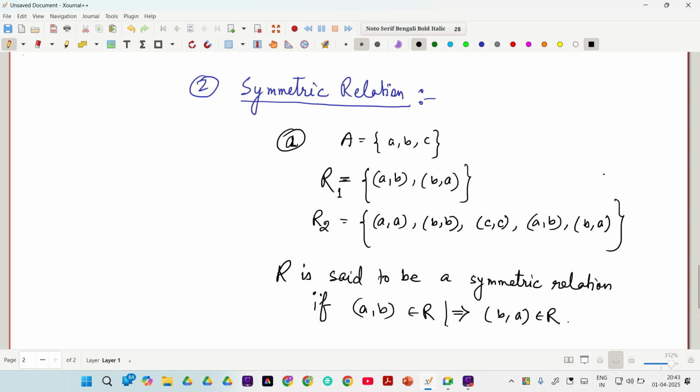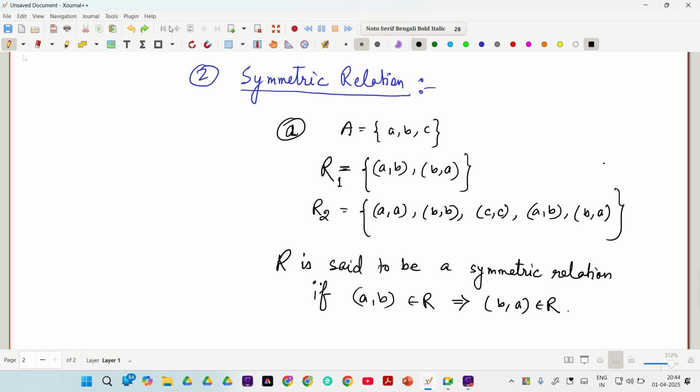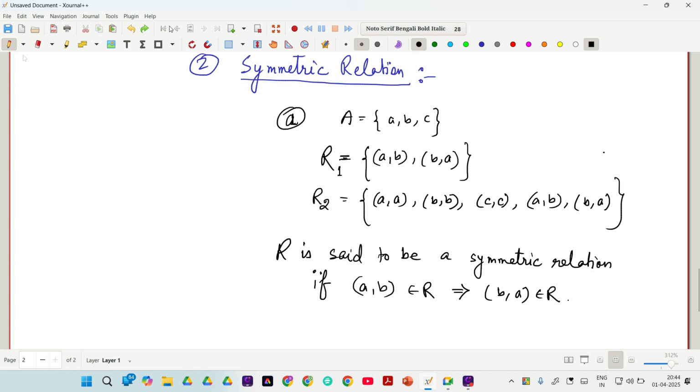You know this sign? You have learned mathematical reasoning, right? And you know the imply sign. Yes, sir.